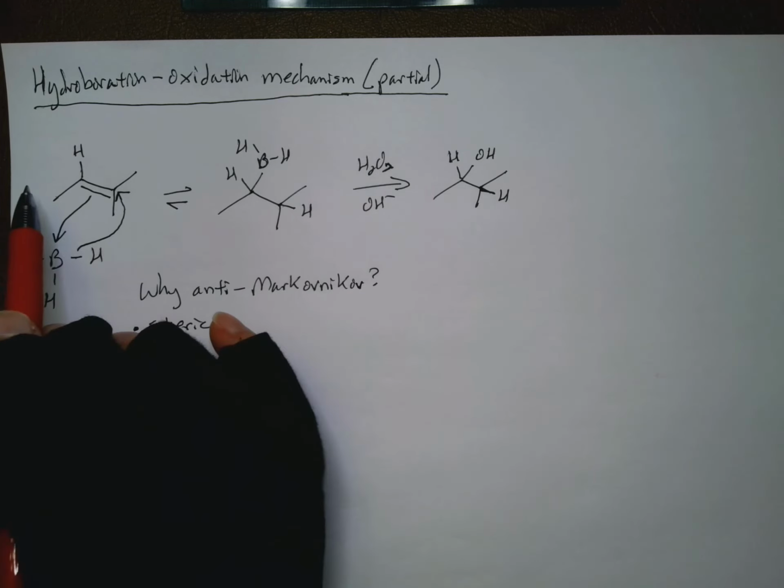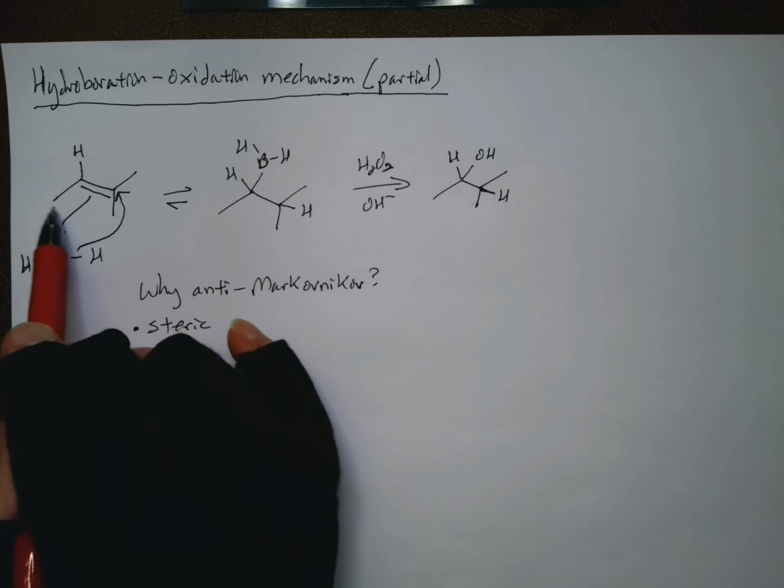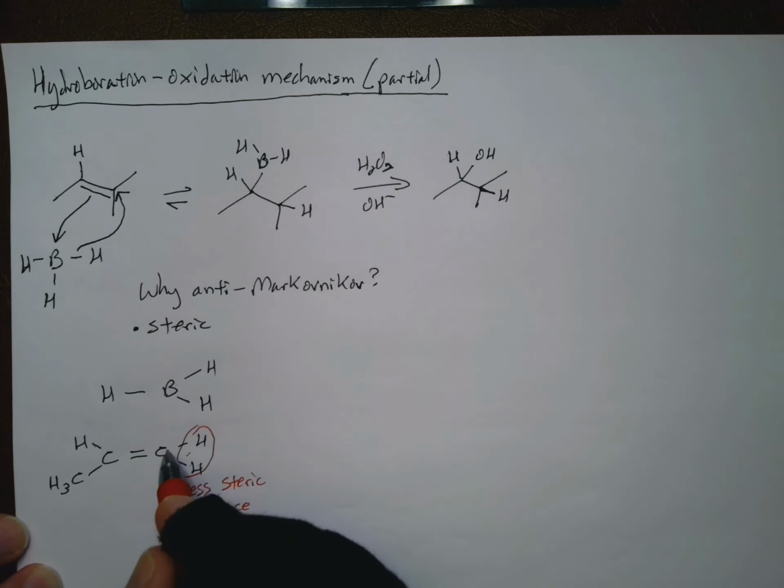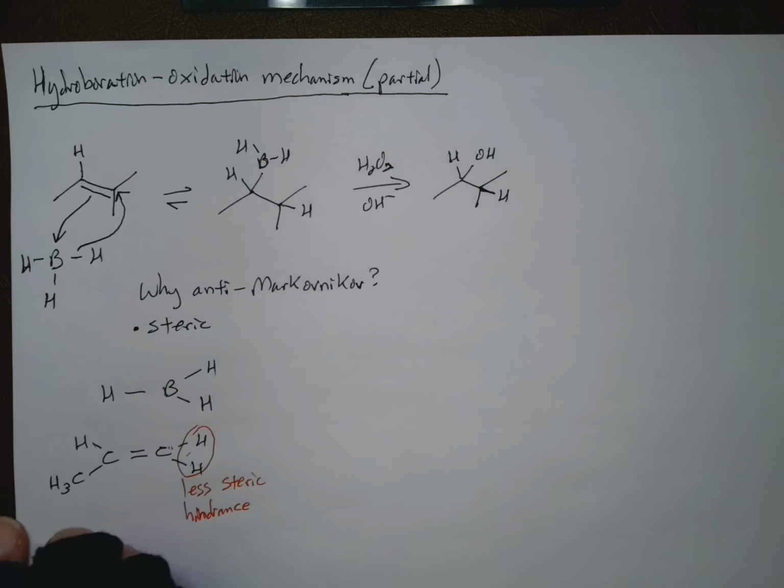So up here, just having one methyl versus two methyls, there's less steric hindrance. So it's a little easier for the boron to get in close on that side.